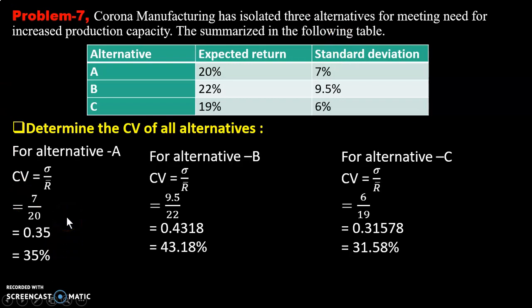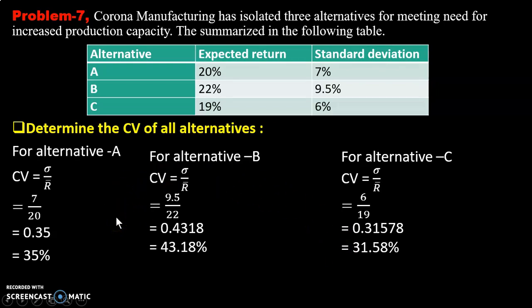From the three alternatives, an investor chooses alternative C because it has the lowest CV of the alternatives. A lower CV means lower risk and a higher CV means higher risk.